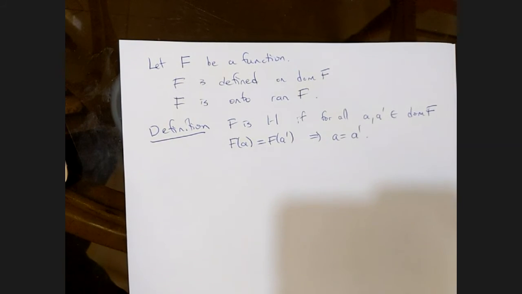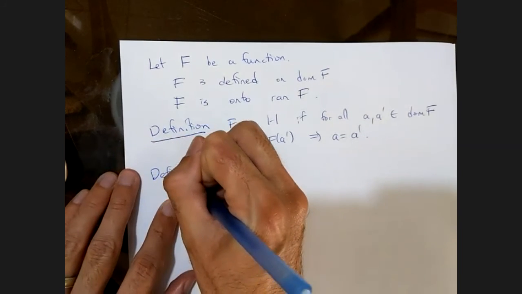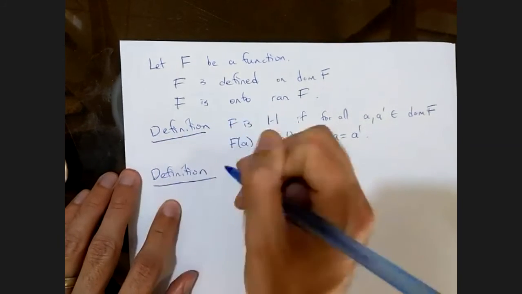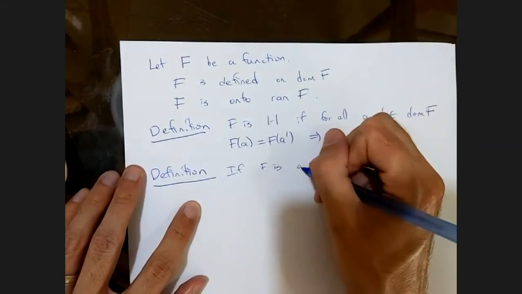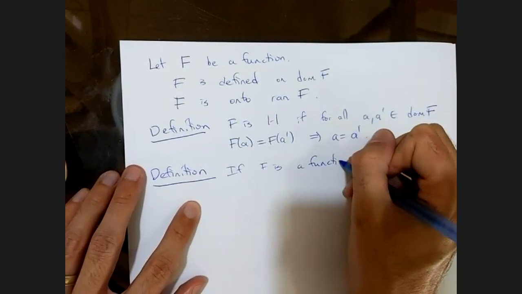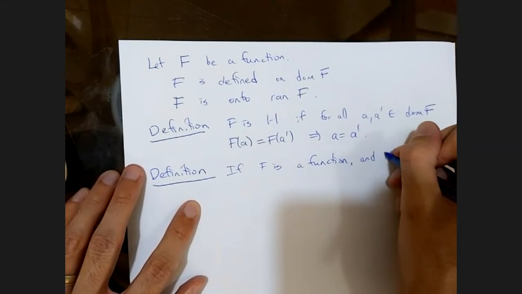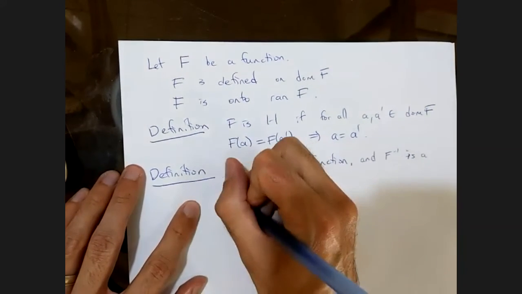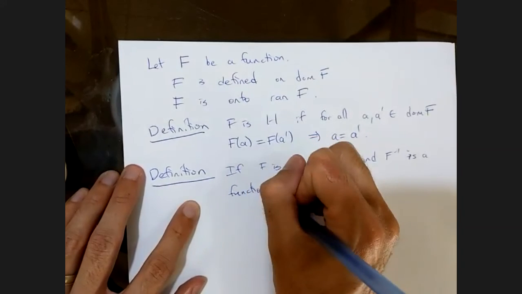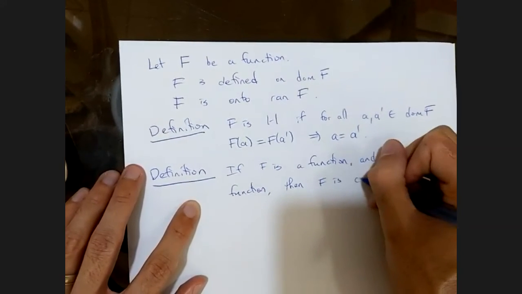So if F is a function and F inverse is a function, then F is called invertible.